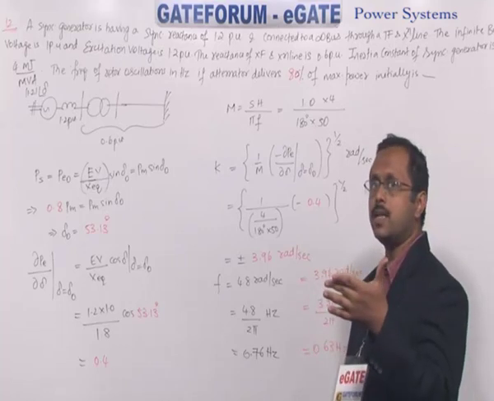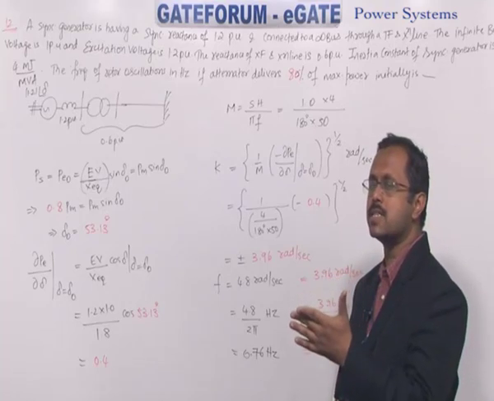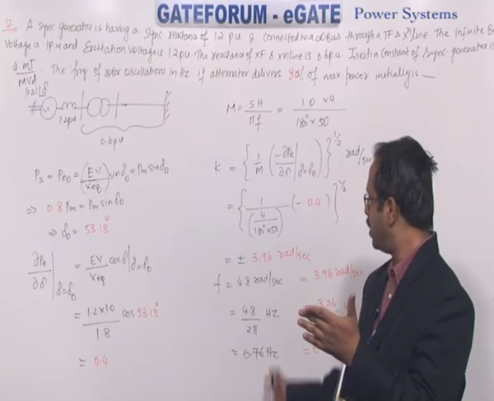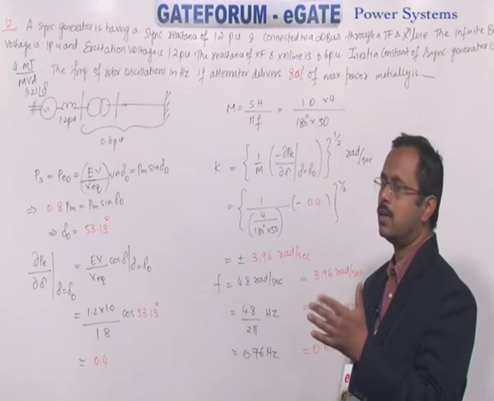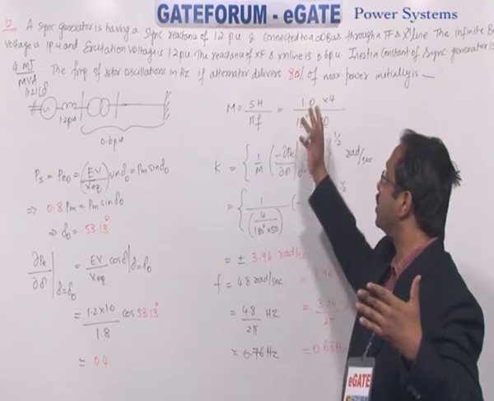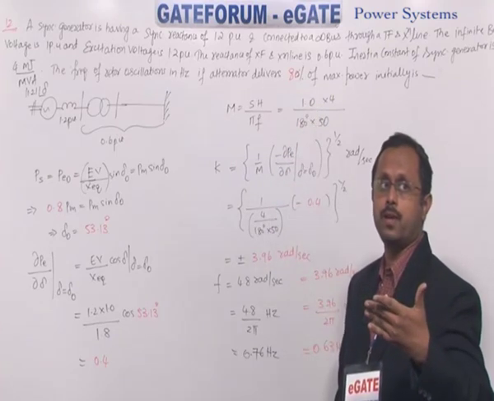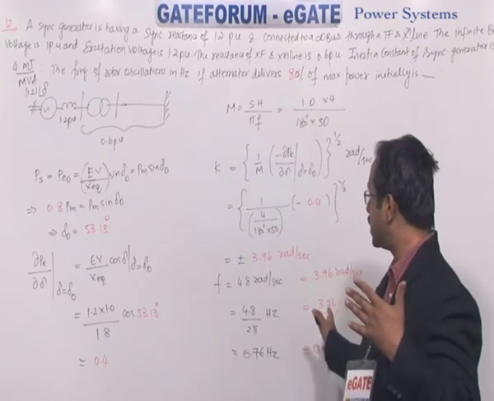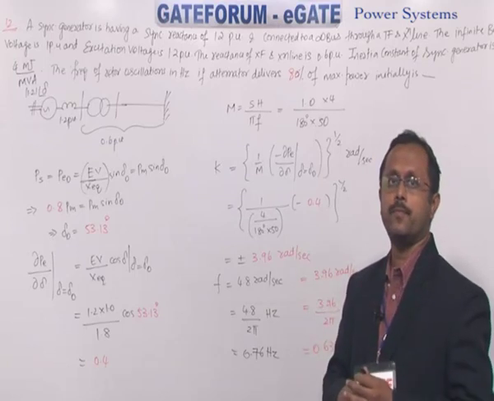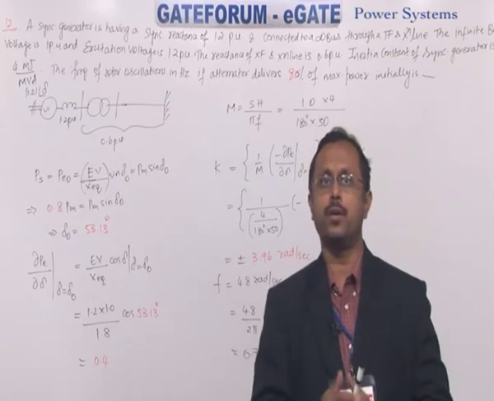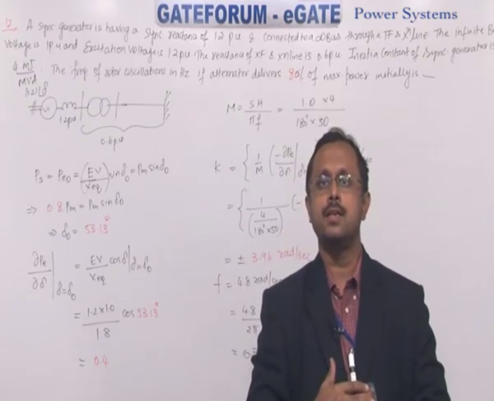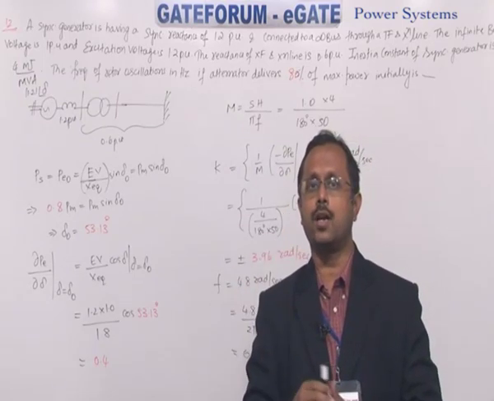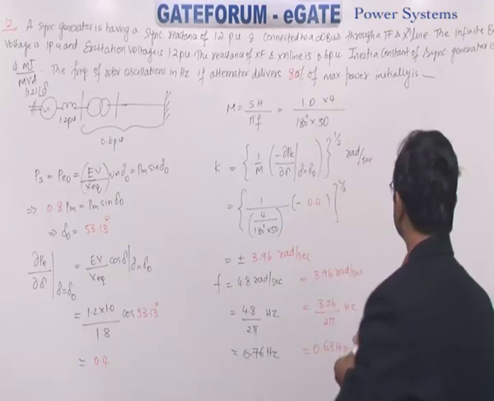Earlier the alternator is loaded only for 50% of maximum power, frequency 0.76 hertz. Now the alternator is loaded to 80% of maximum power, frequency decreased to 0.63.